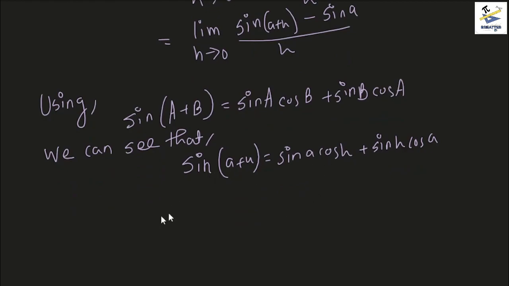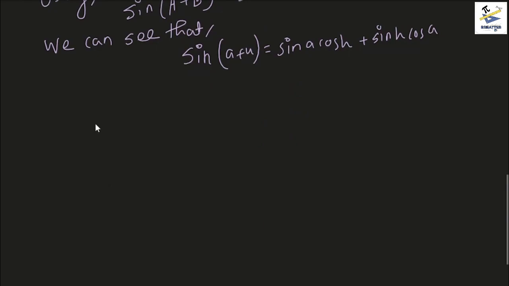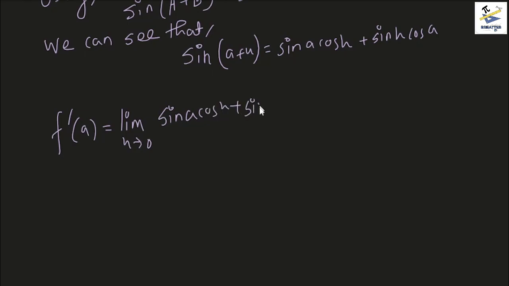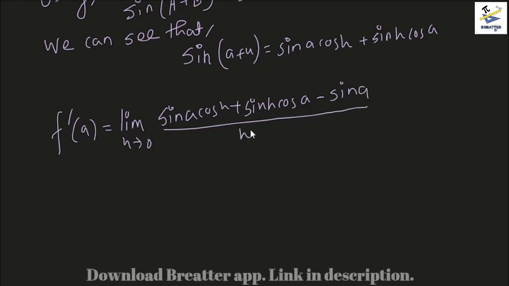When this is done, we can find the limit L. Actually here we do not need to call the answer L, we already have a name for it: f dash a. f dash a is equal to limit h tends to 0 of sin a cos h plus sin h cos a minus sin a, divided by h, right?